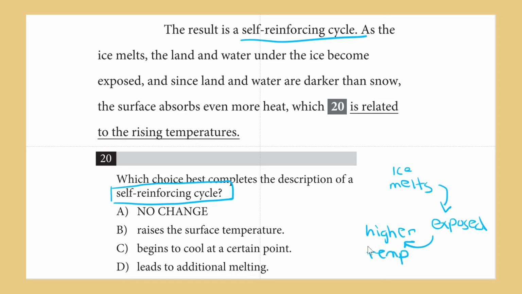And I want to close the loop on this cycle. So what's going to have to happen? More ice melting. Hopefully you see how that works. In this case, it really helps to draw a diagram so that you can really see it. But what you're doing is you have to answer the question about the self-reinforcing cycle so that you can close the loop.